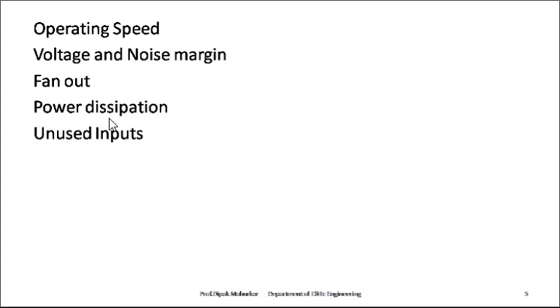And next is the unused input. We know that a CMOS input should never be left disconnected. All CMOS inputs have to be tied either to a fixed voltage level or to another input. This rule applies to unused CMOS inputs. The extra or unused CMOS input is susceptible to noise, so static charges could easily bias both the P and N channel MOSFETs into the conduction state, resulting in increased power dissipation and possible overheating.